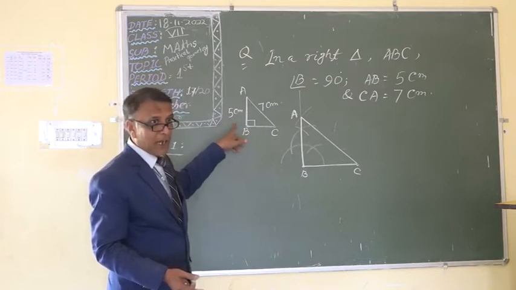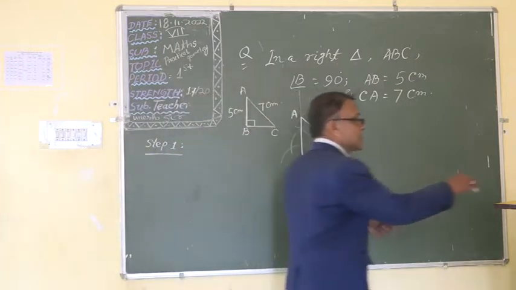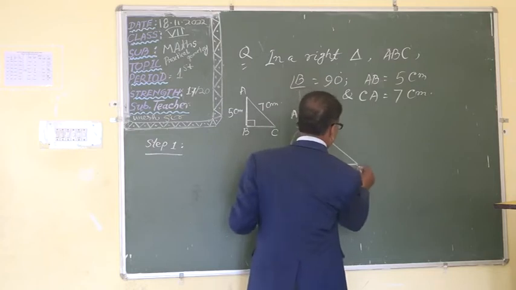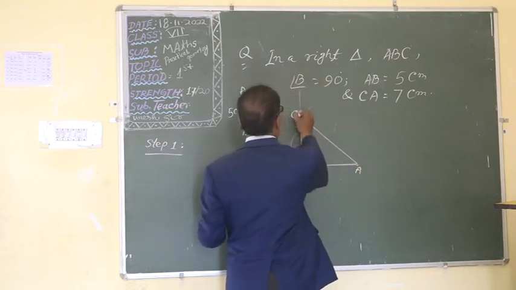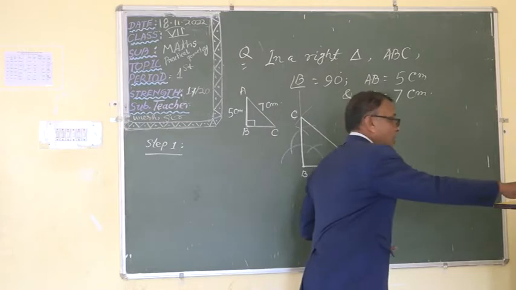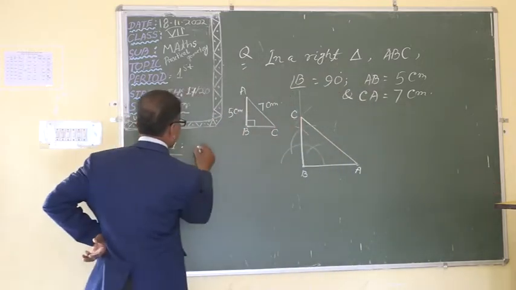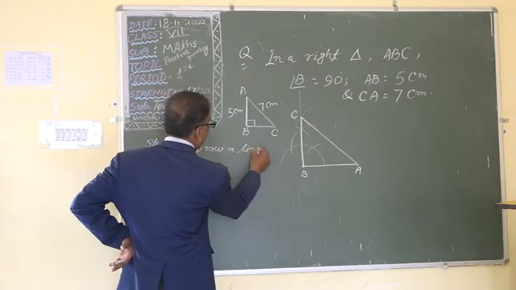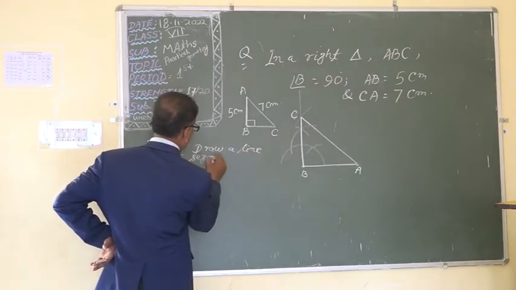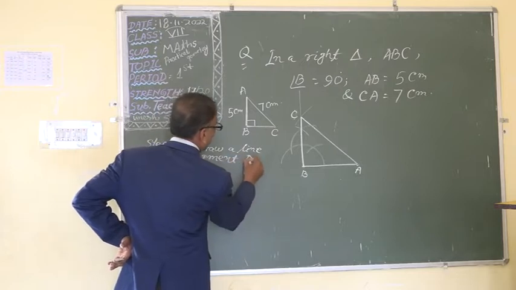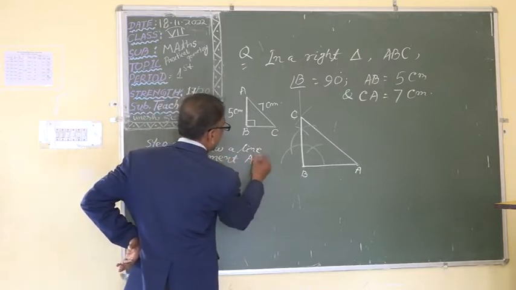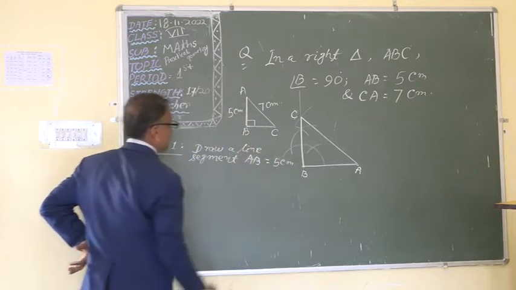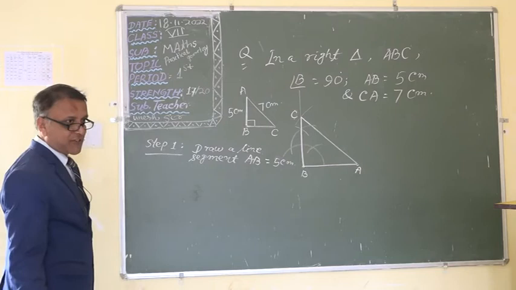This is your A, and this is your C. So, first step, draw a line segment AB equal to 5 centimeter. This is your first step of construction.